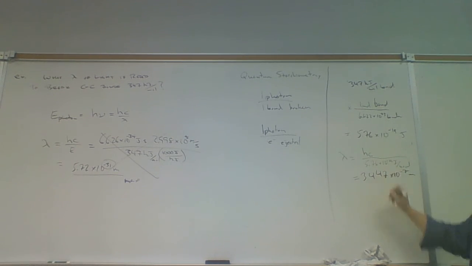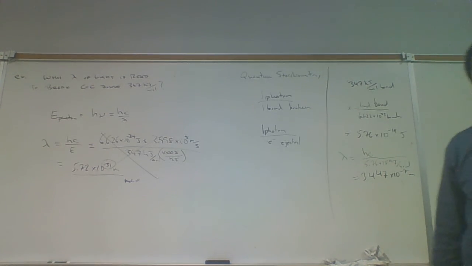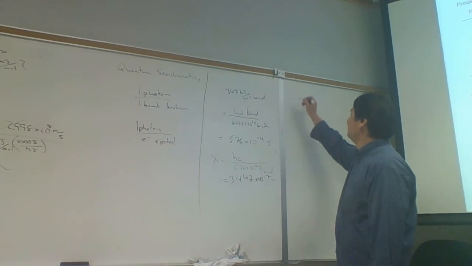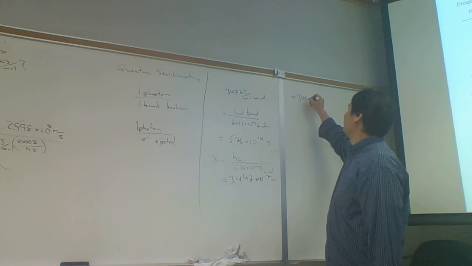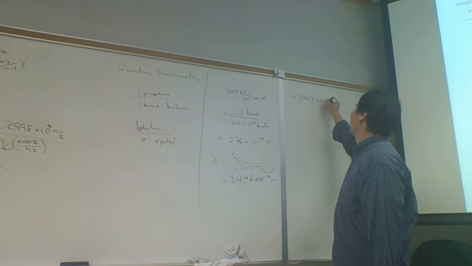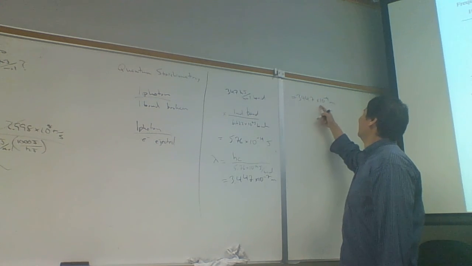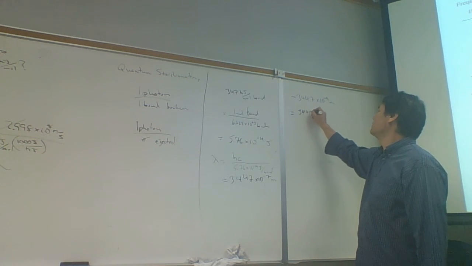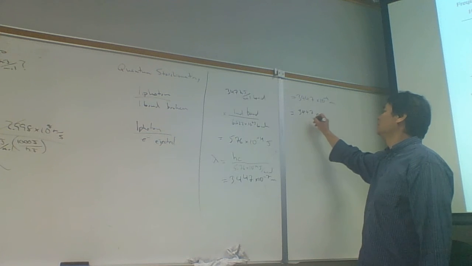Do you recognize that? 3.447 times 10 to the minus 7 meters? You probably don't recognize that unless I do something to this. 3.447 times 10 to the minus 7 meters is equal to 344.7 times 10 to the minus 9 meters. 10 to the minus 9 is a nano, so this is 344.7 nanometers.